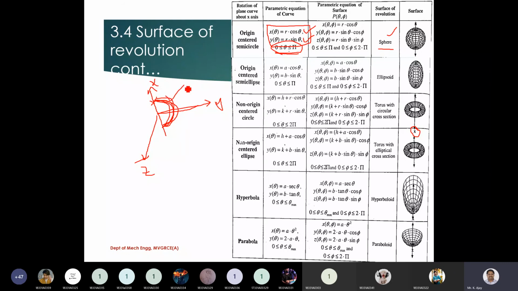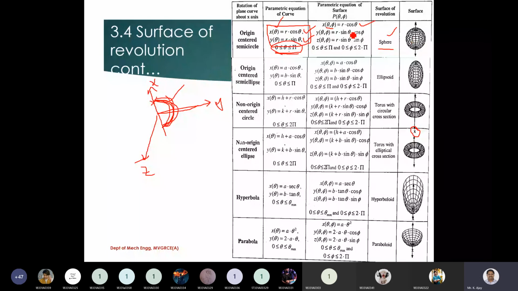Now, once you get the information about the curve equation, then for the surface of revolution, as discussed in the previous slide, when you are rotating about the x-axis, if x of theta is equal to r cos theta, then x of theta comma phi is the surface equation. The curve equation comes with only one parameter.